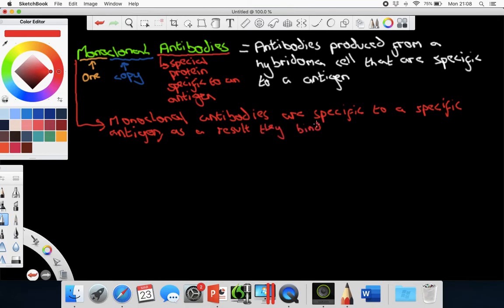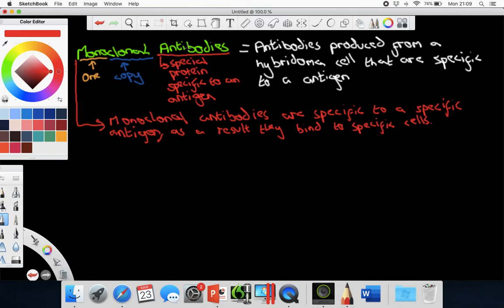So monoclonal antibodies are antibodies produced from a hybridoma cell, which we'll come to in a moment, that are specific to an antigen. We've said that monoclonal antibodies are specific to a specific antigen, and as a result, they only bind to specific cells. We can dictate which type of cells we're looking for by the antibodies that we make.